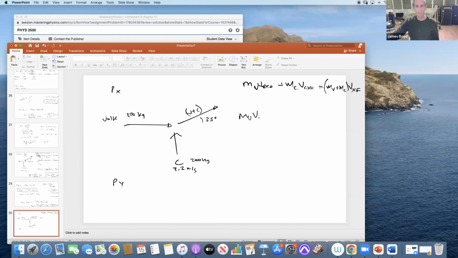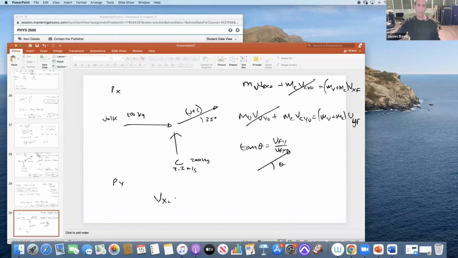In the Y, M of the Volkswagen V initial in the Y plus M of the Cadillac V of the Cadillac in the Y is MV plus MC, V final in the Y. Now we know that this angle is equal to V final Y over V final X. So solving these, because there is no X for the Cadillac and there's no Y for the Volkswagen, we get that Vx initial, which is the Volkswagen, is M of the Volkswagen plus MC over M of the Volkswagen times Vx final, and Vy initial of the Cadillac times M of the Cadillac. Let me just do it this way.